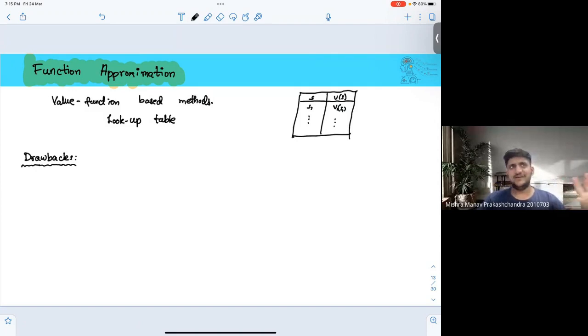If I don't visit it a few number of times, then the estimate for the value function that I've made so far would be sort of inadequate, right? So this kind of method sort of requires me to visit each state often enough. So this is memory intensive. So that's one obvious drawback.